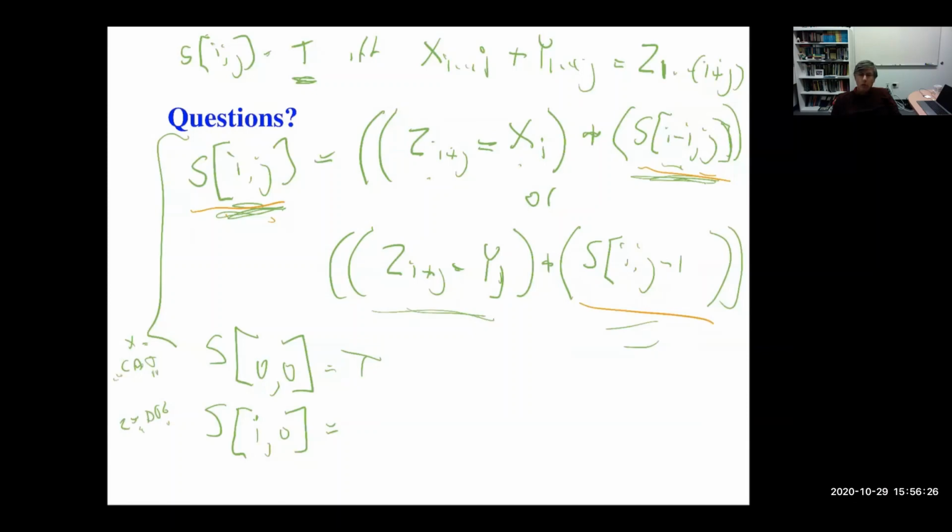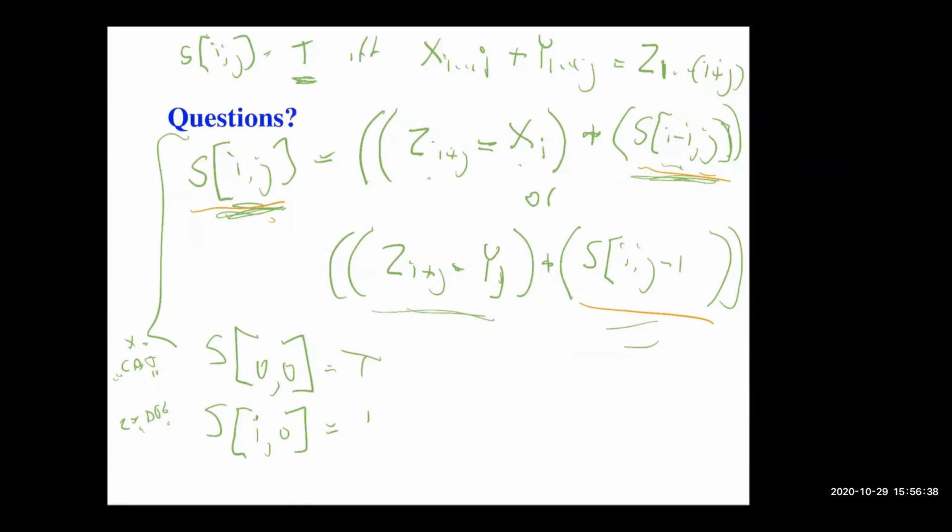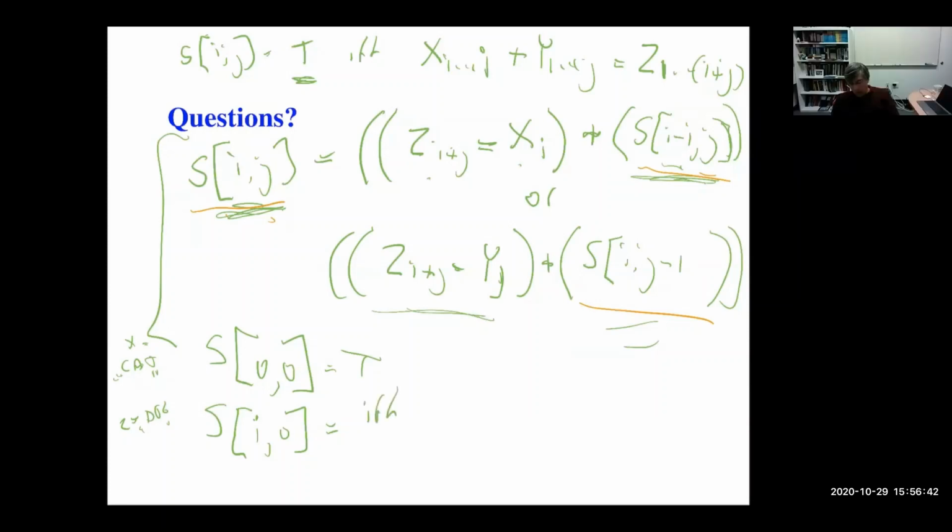No. So under what condition is S of I comma 0 true? Basically, this is true if and only if X from 1 to I is equal to Z from 1 to I, right?